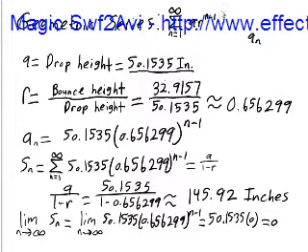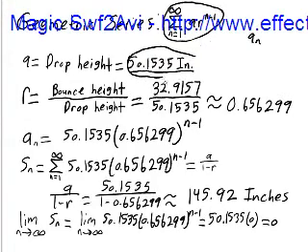Just as a reminder, geometric series have the form the sum of n equals 1 to infinity of a r^(n-1). So a in this case was the drop height, which was 50.1535 inches, and r was the ratio of the first bounce height to the drop height.